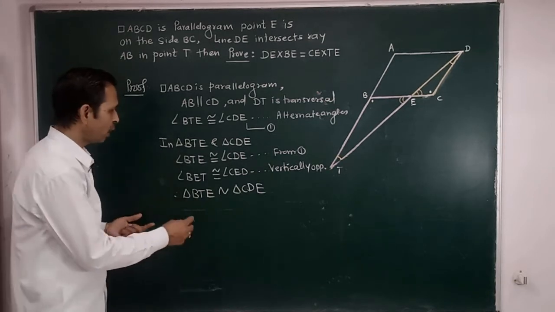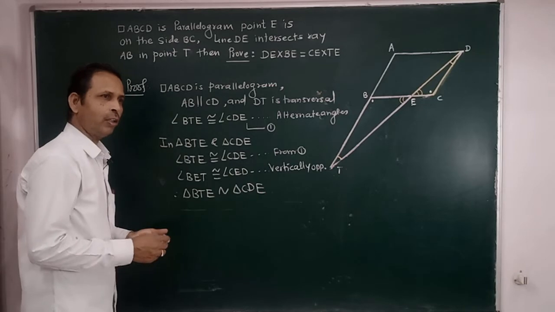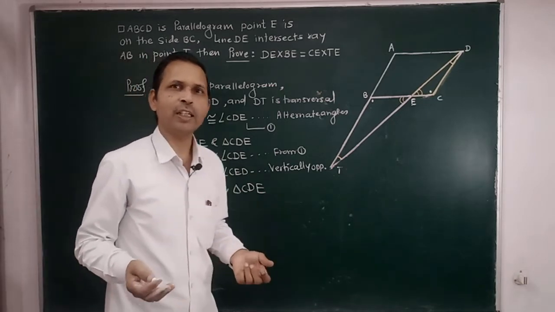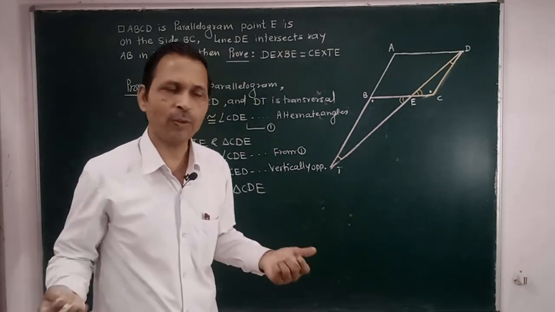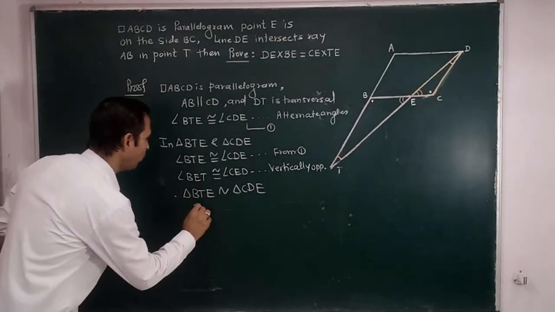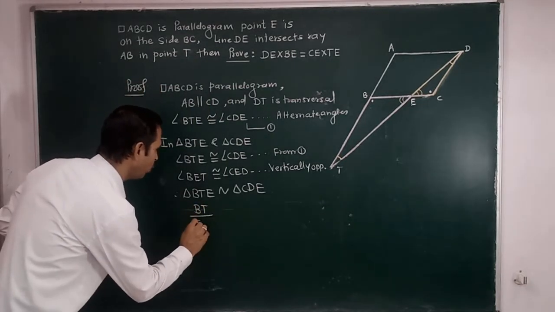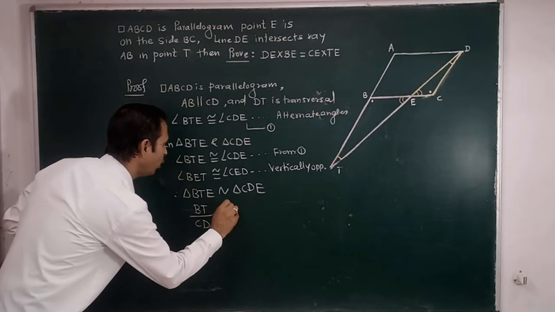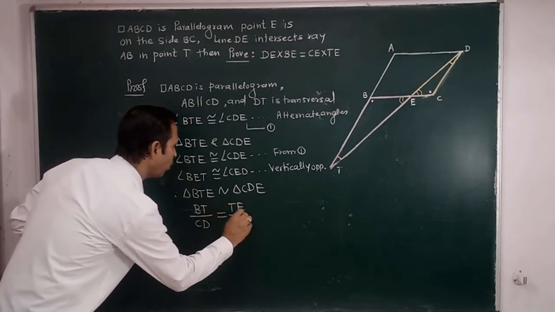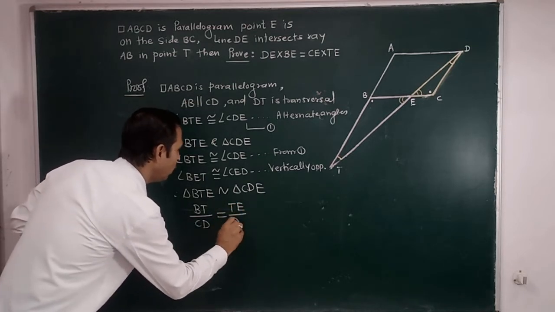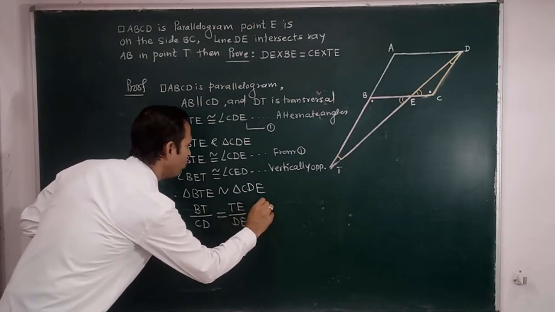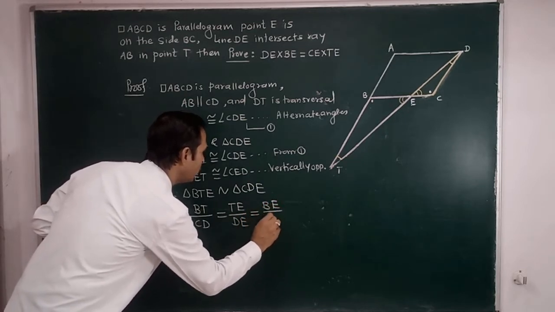Now when we write the names of the triangles with one-to-one correspondence, it is very easy to write the ratios of the corresponding sides. The ratios of the corresponding sides of similar triangles are equal, we know it, and that's why we write here BT upon CD is equal to TE upon DE and is equal to BE upon CE.